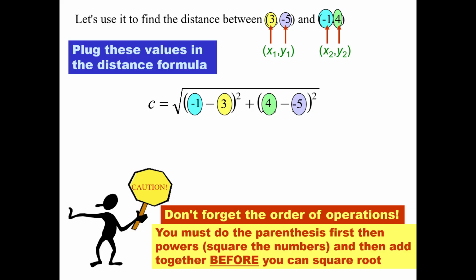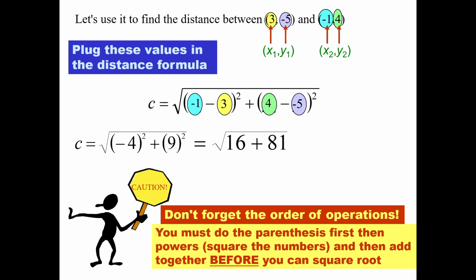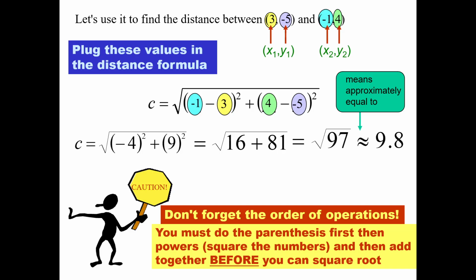You must do the parentheses first, then the powers, then add. Do all that before you take the square root. That gives us the distance between the 2 points. The decimal means approximately; on a calculator it is 9.8.